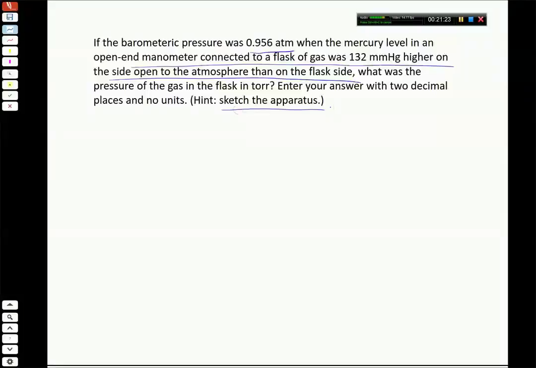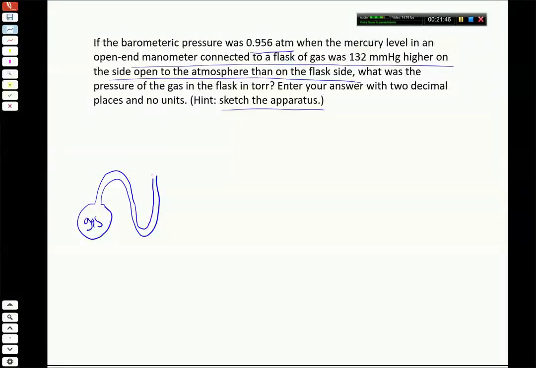So here we're measuring pressure in an open-end manometer. So what we have is a sample of gas, and it's going to be connected to a U-shaped tube. I didn't draw that particularly well, not surprisingly. There we go, let's do this a little bit better.